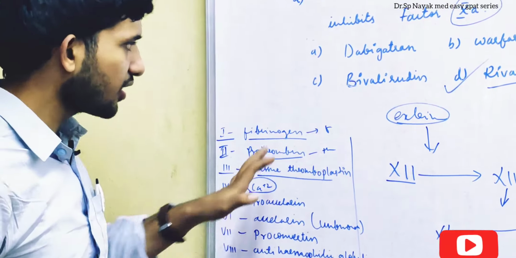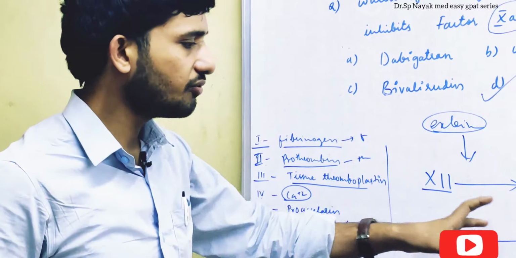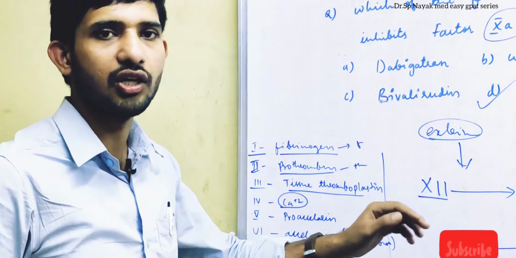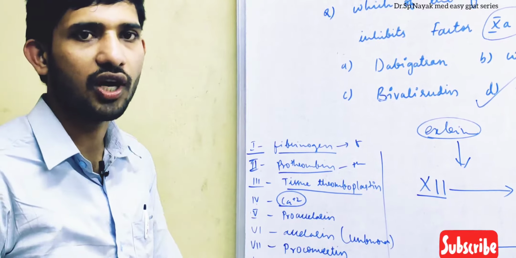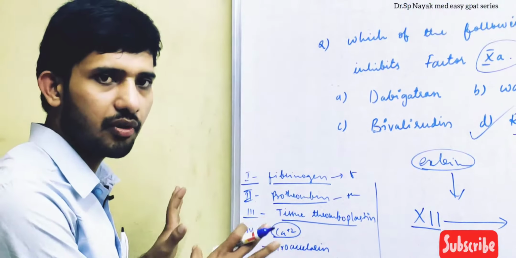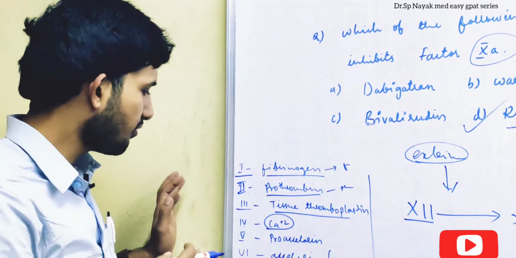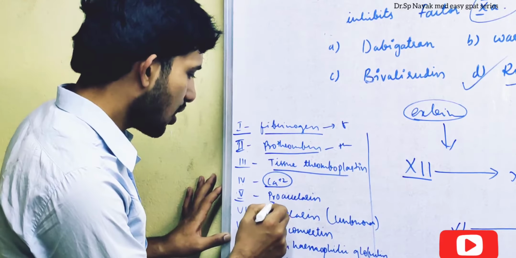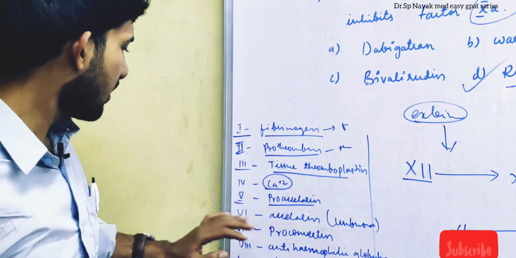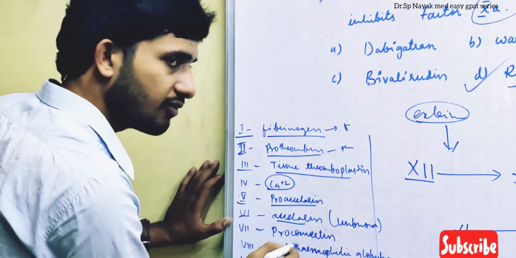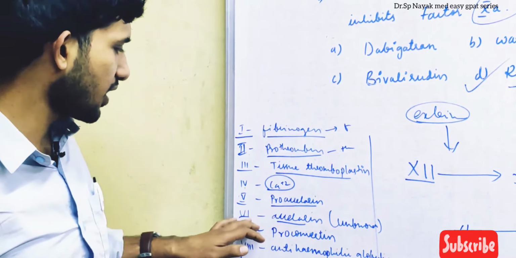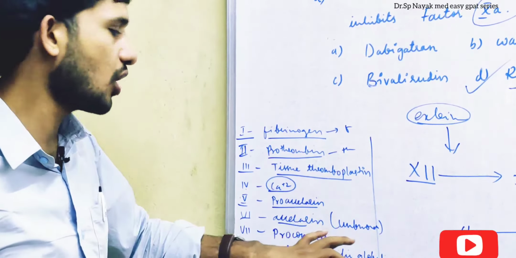All these factors have a role in the formation of the clot. I did not explain in detail the coagulation mechanism, but try to remember all these names of the factors. Factor 5 is called proaccelerin, and factor 6 is called accelerin, though nowadays factor 6 is no longer used as it was previously not known.